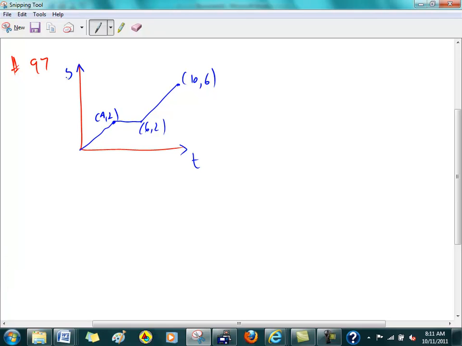If you read the question, it says the graph of the position function is shown. It represents the distance in miles that a person drives during a 10-minute trip. Make a sketch of the corresponding velocity function. So remember, the velocity function is going to be the derivative of this, right? The derivative is going to be the slope of the line. So what's the slope of the first part here? 1/2, okay?